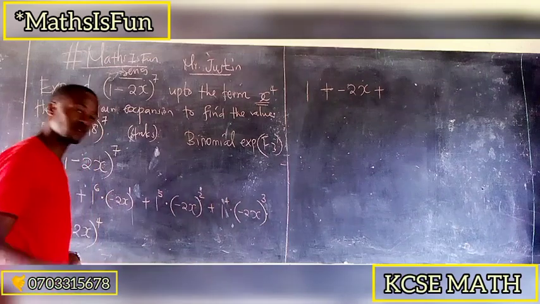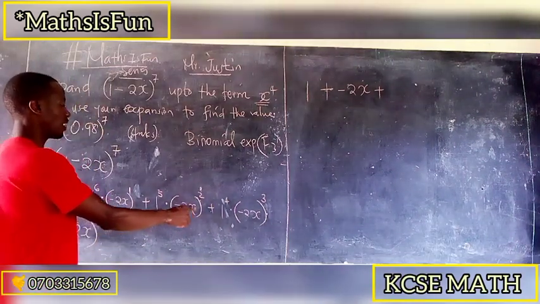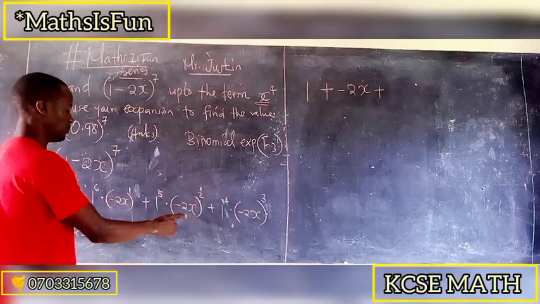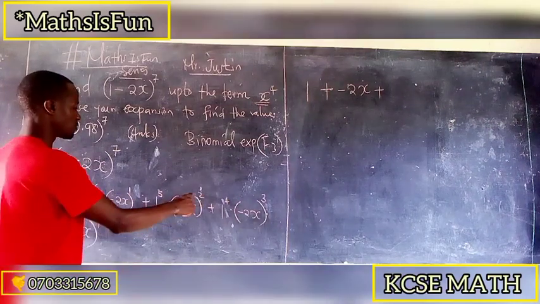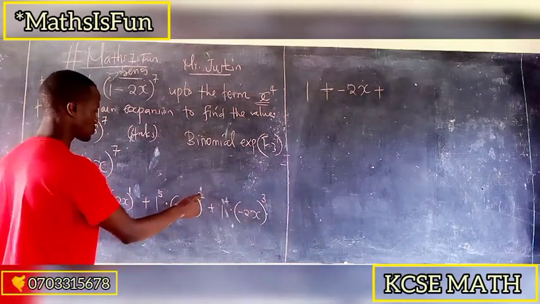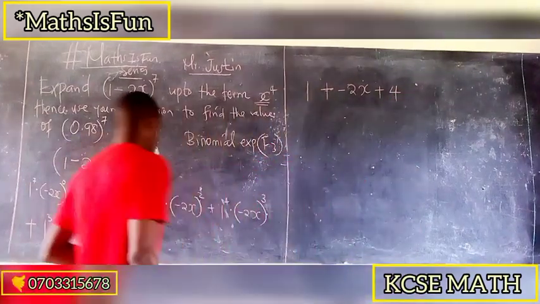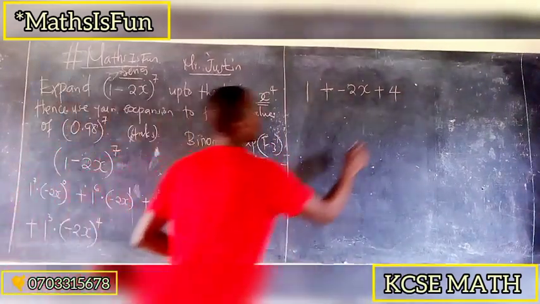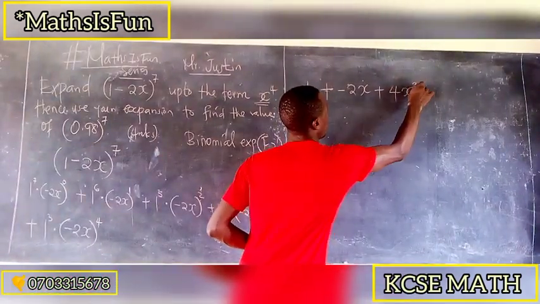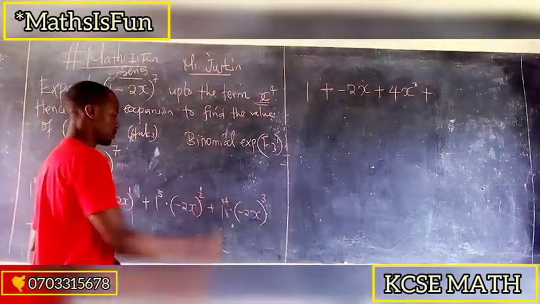So this is where a challenge begins. Some students only square the x and forget about the whole number. We are squaring the whole of this term that is in the bracket. So we'll have negative 2 squared, that is positive 4, then x squared, plus 1 power 4 is 1.